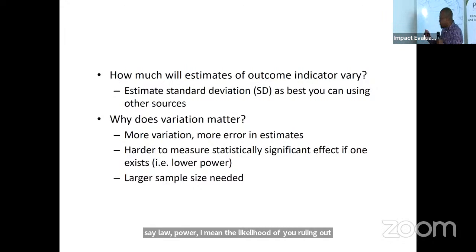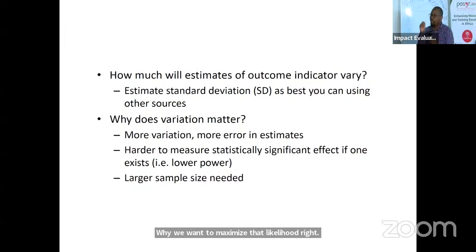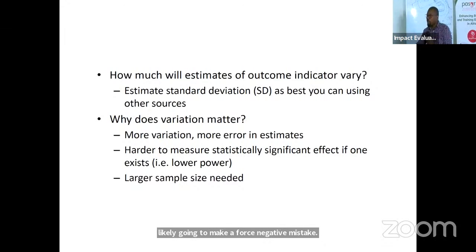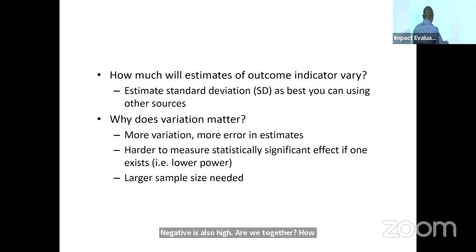While we want to maximize that likelihood so that you are not likely going to make a false negative mistake. Are we together? So when you have lower power, that means the chance of you committing false negative is also high. Are we together? And then larger sample size needed.